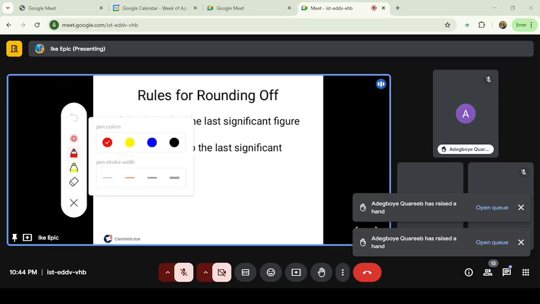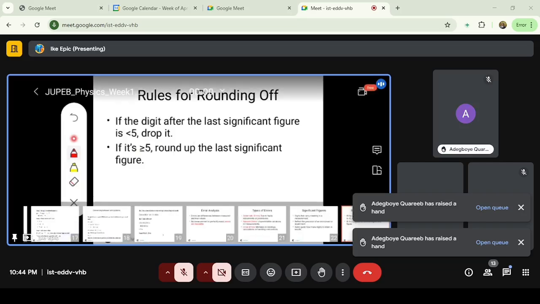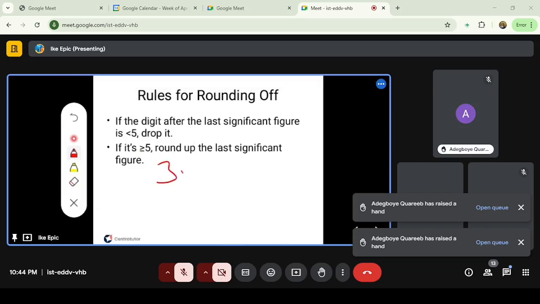Where you have something like maybe 3.145, and you're asked to round it to 3 significant figures. You will start counting 1, 2, 3. Then the next digit after it, you check, is it up to 5? If it's up to 5, you would round it up. That is, you convert it to 1 and add it to the figure.